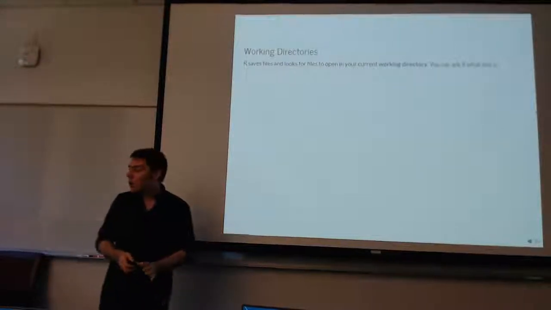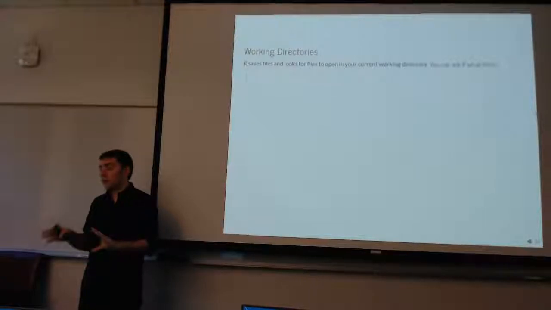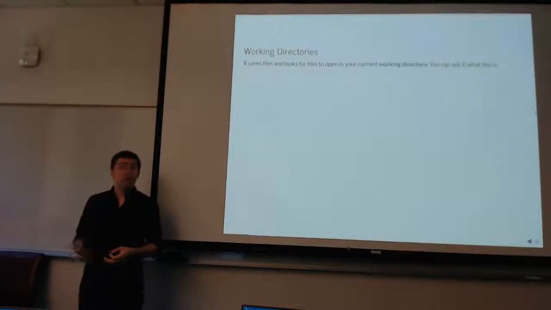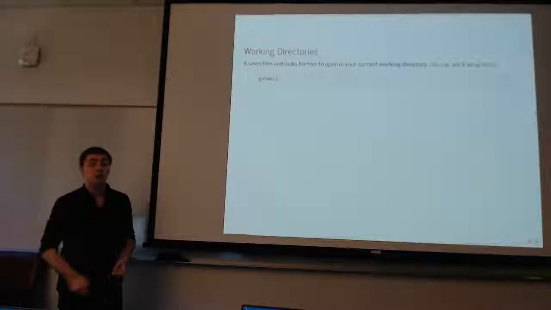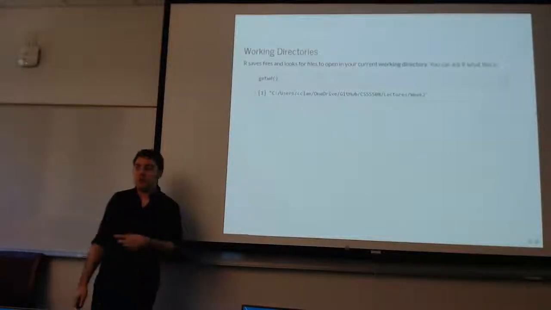R saves its files and looks for files to load in what it calls its current working directory. If you have R open and want to know your current working directory, there's a command, getwd, with no argument, and it will list the current working directory.